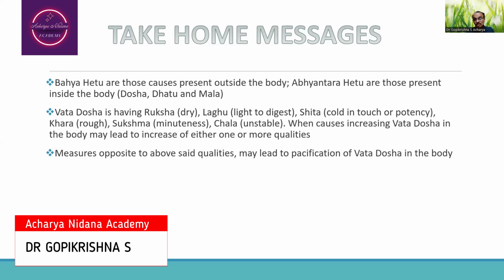When the causes responsible for the increase of the Vata dosha are present, there may be a possibility of increase of one, two or more qualities of the Vata dosha in the body. Hence, if we are concentrating more on the decrease of Vata dosha in the body, then we have to give the substances which have opposite qualities of Vata dosha.